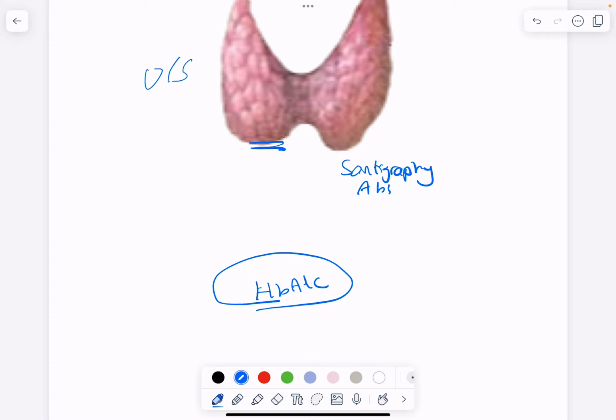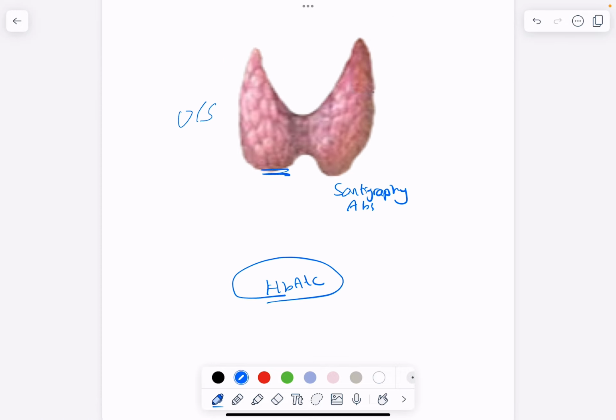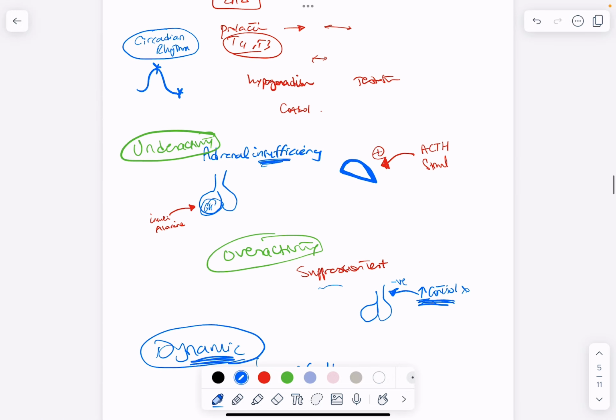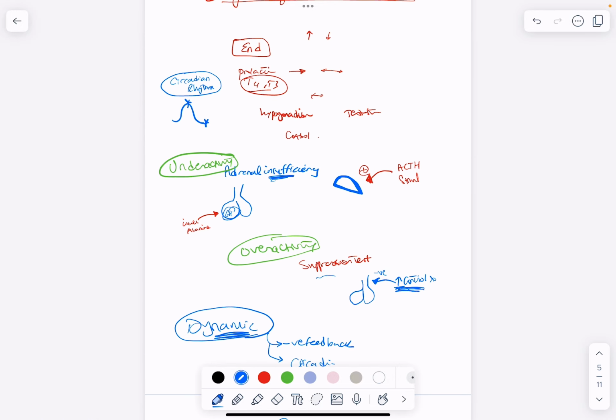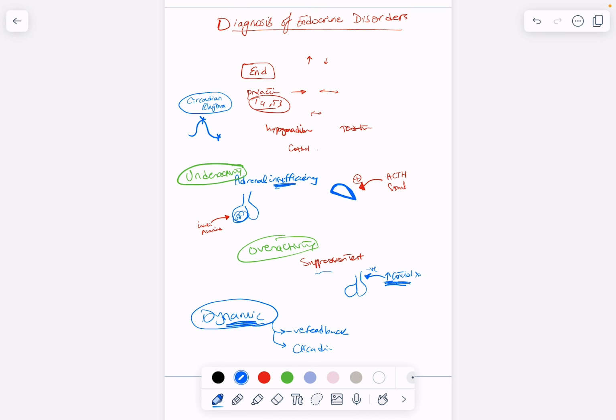So you can see here there's other more specific tests, but the rule here is that because these have a circadian rhythm, you can't just do a direct measurement at any time of the day. It's best to either have a total level over the entire day, like cortisol in urine 24 hours, or better, a dynamic test. Yeah, and that must precede any sort of imaging, right?